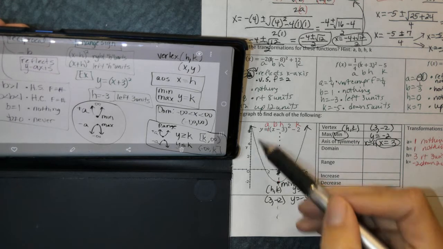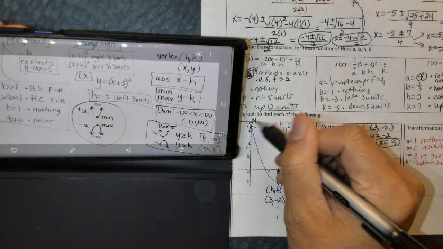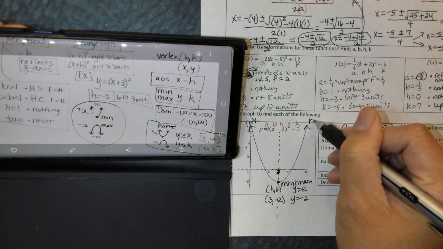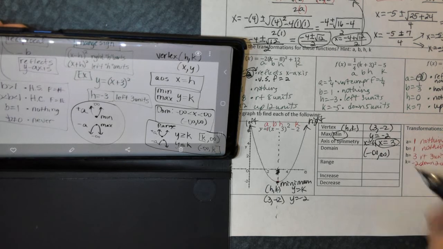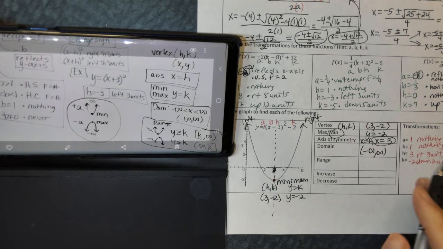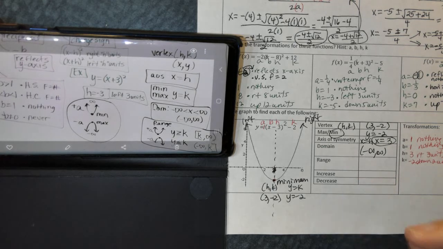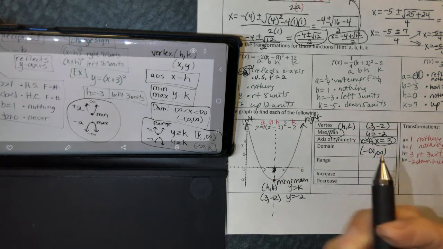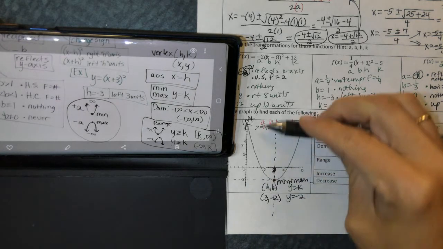Now, domain, remember, is left and right. This keeps going up, but it also goes to the left. This goes up, but it also goes to the right. So it goes from -infinity to +infinity. Now, the range is up and down. It's your y values, okay? So it starts right here. This y value is -2, and it's everything above it.